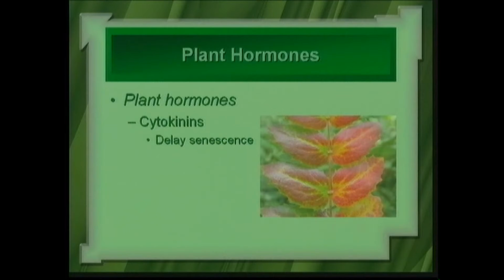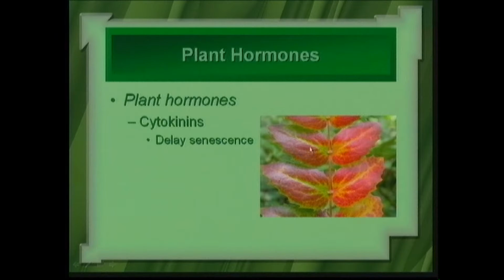Anyway, another effect of cytokinins is that you see these leaves beginning to senesce. What does senesce mean? You think of the word senescence, you think of the word senile, senile dementia. We have all these cheerful things that we're talking about today. Senescence is the aging and eventual death of the cells or of the organ.